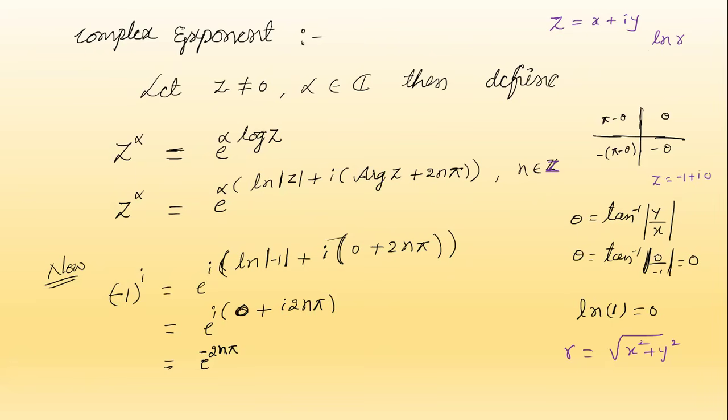Why is 0 here? Because x is minus 1 and y is 0, therefore the value of y is 0. Tan inverse of 0 is 0. Now, we know that log 1 is 0. Therefore, this is 0, and the argument is also 0.